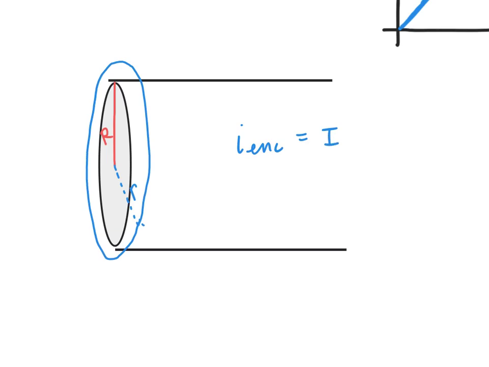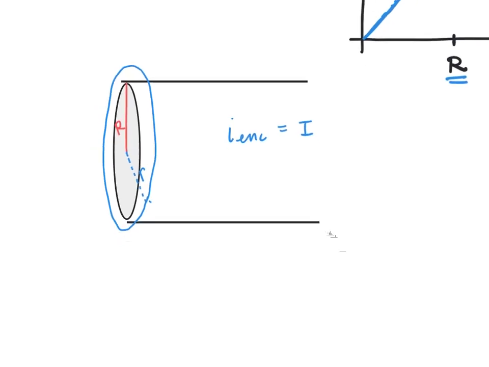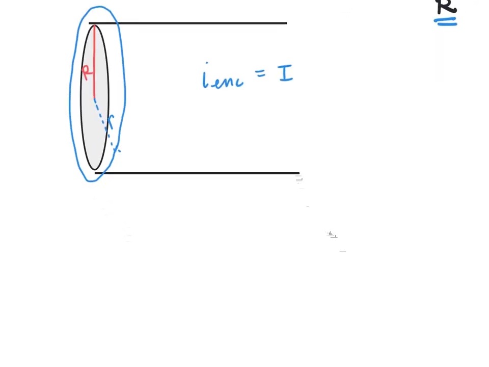And then using Ampere's law, just like we did in the other cases when we were comparing this to the electric field of a point charge, mu naught I enclosed is equal to the closed line integral of B vector dotted with the dl vector.